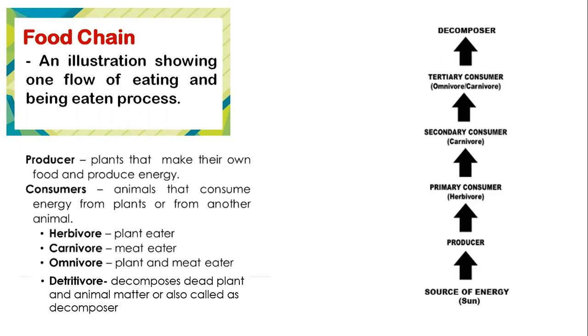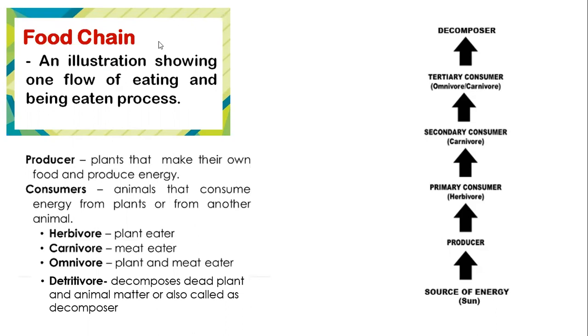We have herbivore, plant eater; carnivore, meat eater; omnivore, plant and meat eater; and detritivore. These are animals, bacteria, or fungi that decompose dead plant and animal matter, also called decomposers. The detritivore breaks down the dead bodies of animals and plants.